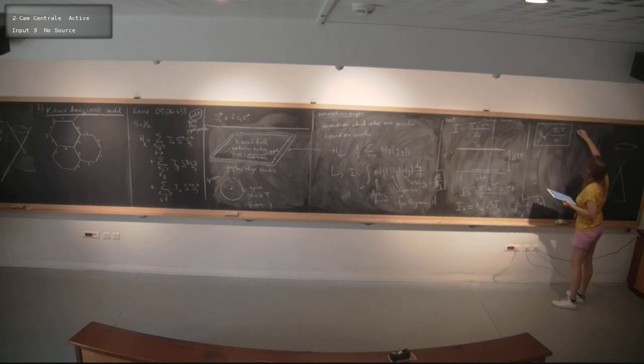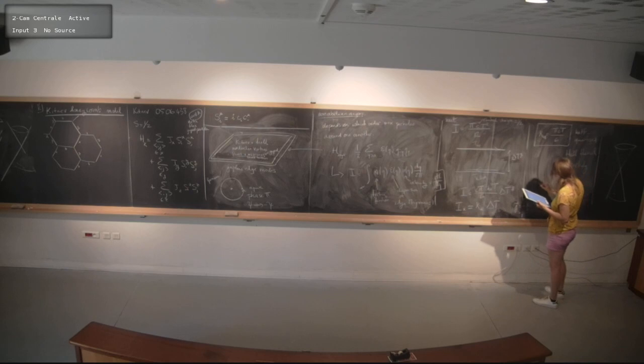Because c is half integer, you get a half quantized Hall thermal conductivity, which is a smoking gun signature of this phase.